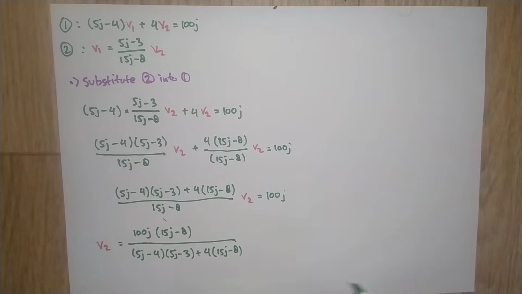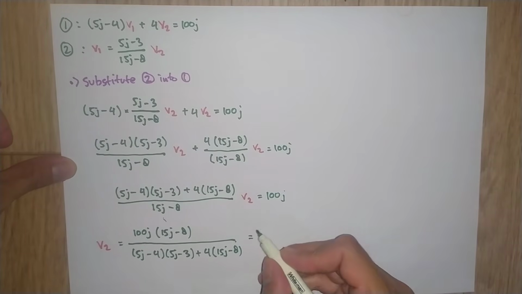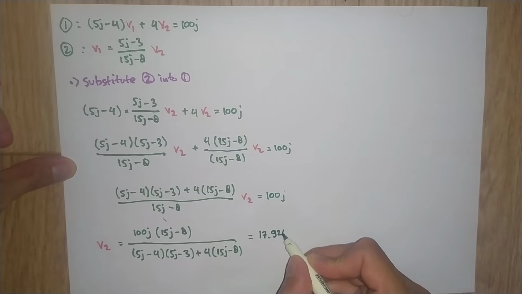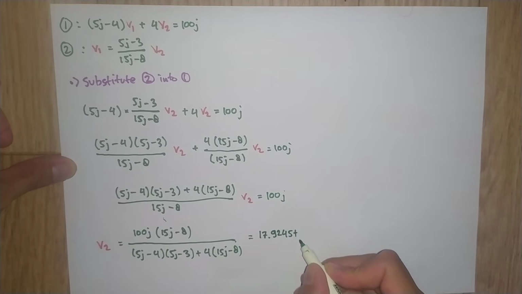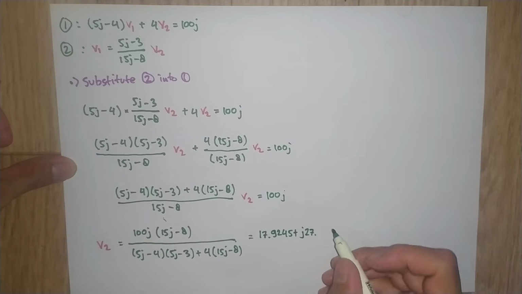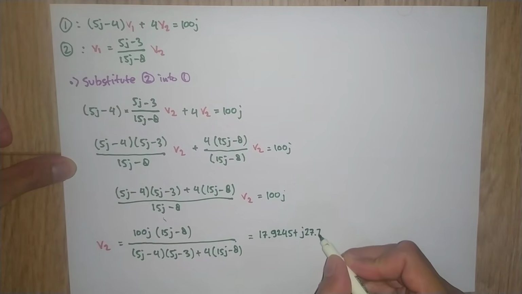So from my calculator, I will get the result is 17.9245 plus j27.7358.